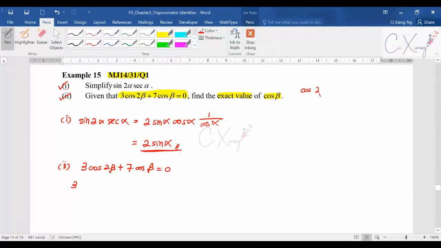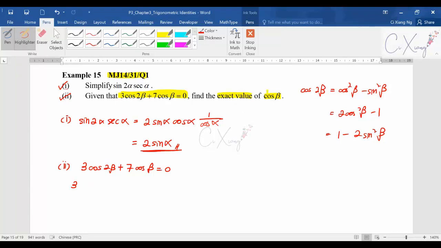But for cos 2 beta, there are 3 formulas here, you know. You have cos square beta minus sine square beta. This is the first one. The second one is 2 cos square beta minus 1. And the third one is 1 minus 2 sine square beta. So which is the most suitable formula that I should put into our solution here?